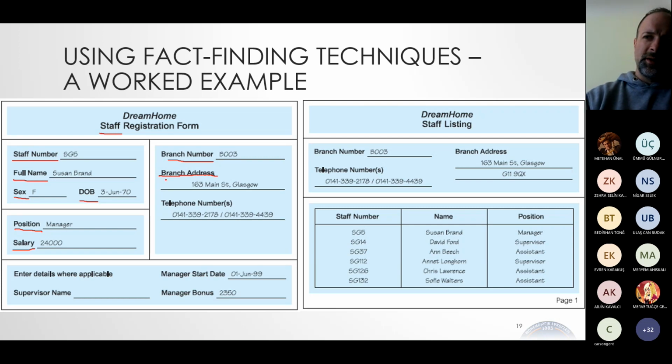We'll talk about that later, but for now, all of this is associated with the staff person: the branch address, where to find them when they're working, the telephone number, how can I reach them? So this is all information that might go into a staff table. Some other details where applicable: who's their supervisor, manager, if they are a manager, what is their start date and what is their bonus. All of this might be included in their staff table.